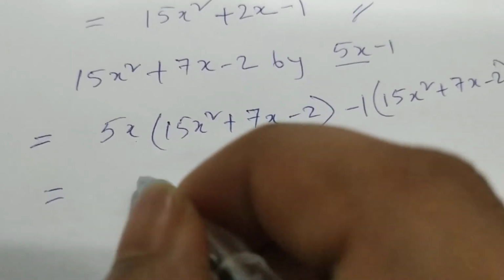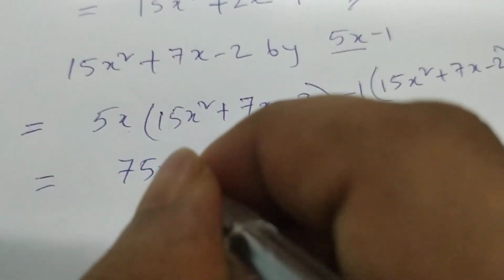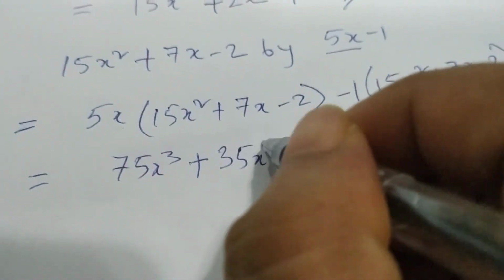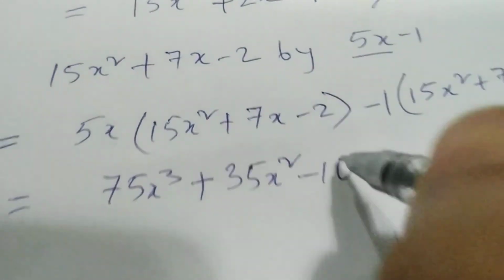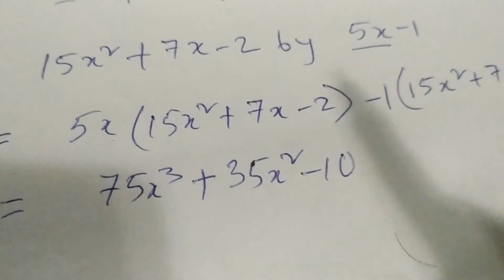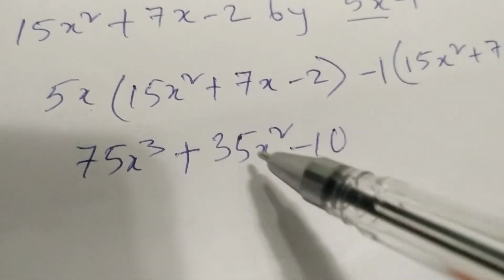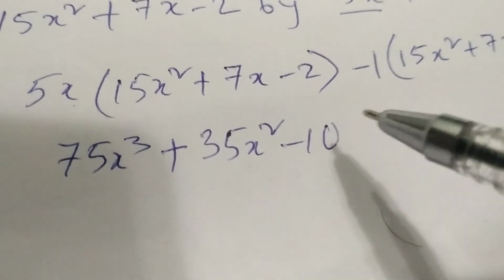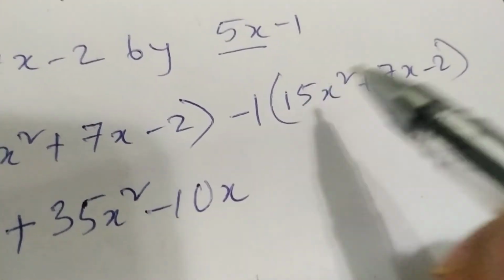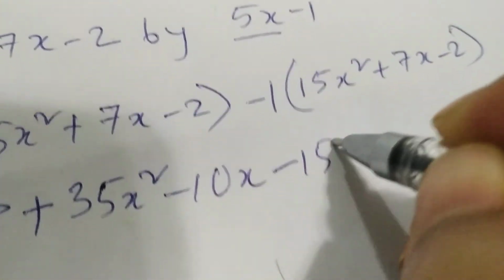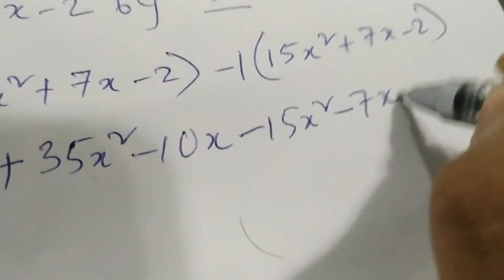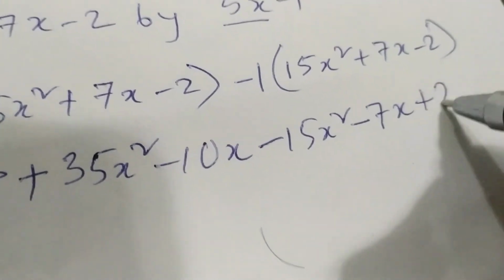5x into 15x square is 75x cube, plus 35x square, minus 10x. Okay, so 75x cube plus 35x square minus 10x. Then minus 1 into 15x square is minus 15x square, minus 1 into 7x is minus 7x, minus 1 into minus 2 is plus 2.